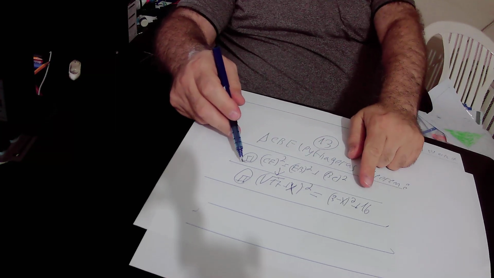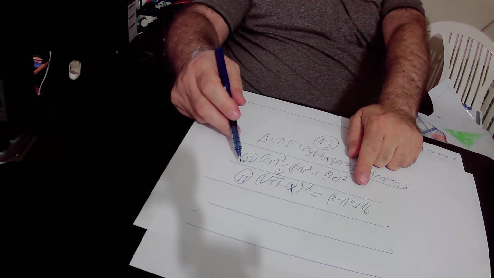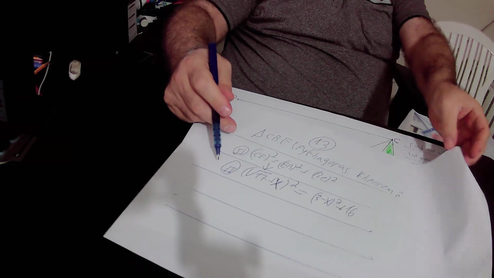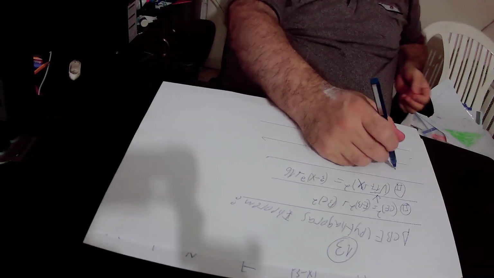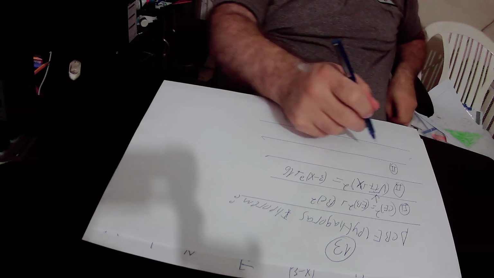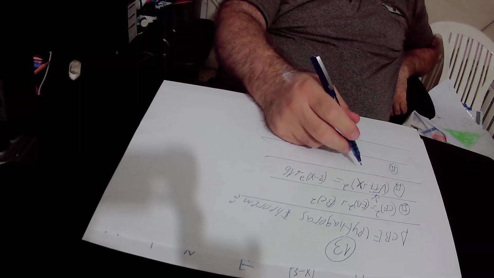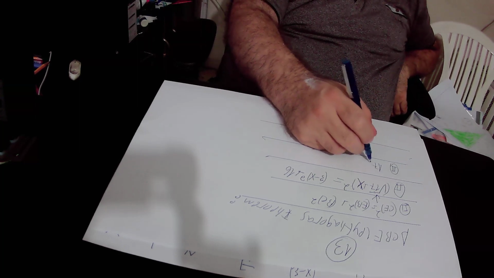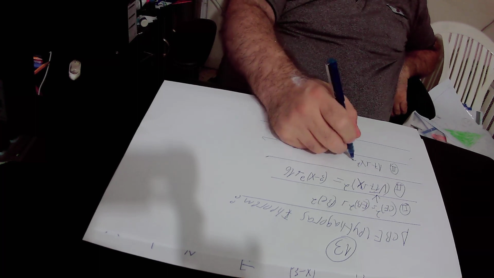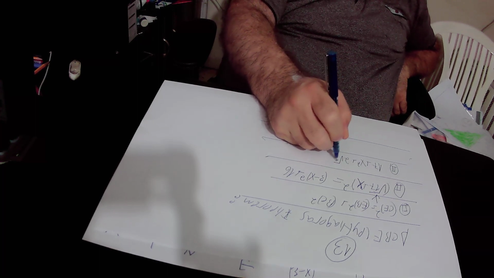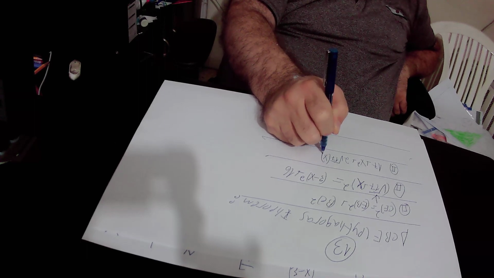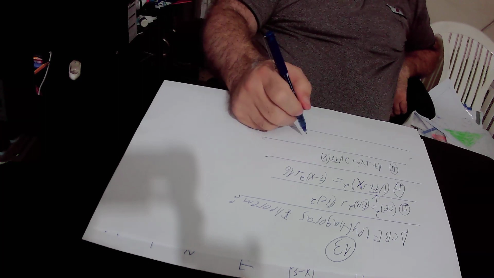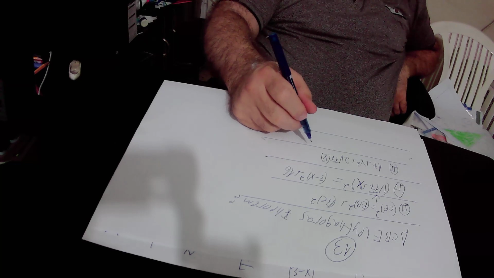So here we will open the brackets on both sides of equation number 2, and we will get that (square root of 17 plus x) squared is 17 plus x squared plus 2 times square root of 17 times x, according to the algebraic identity that (a plus b) squared equals a squared plus b squared plus 2ab.